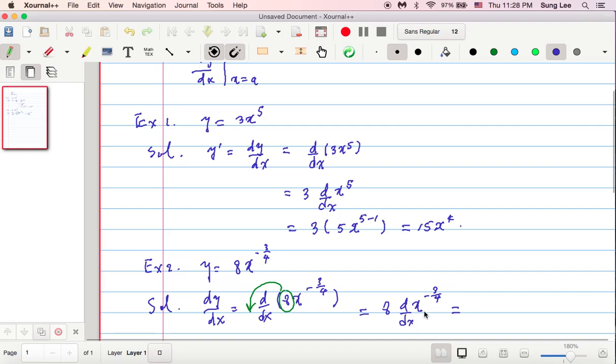Remember, the power rule applies for any real exponent, so negative 3 over 4, the same thing. d by dx of x to the n is n times x to the n minus 1. That's the power rule.